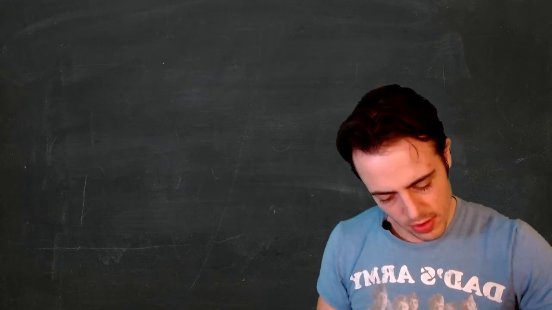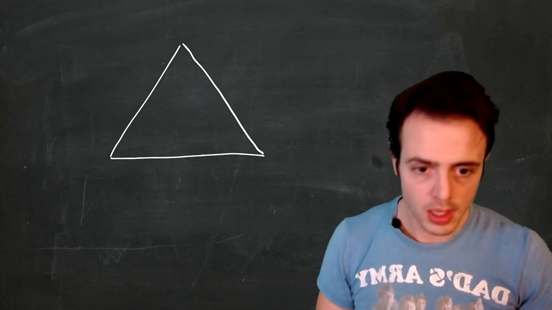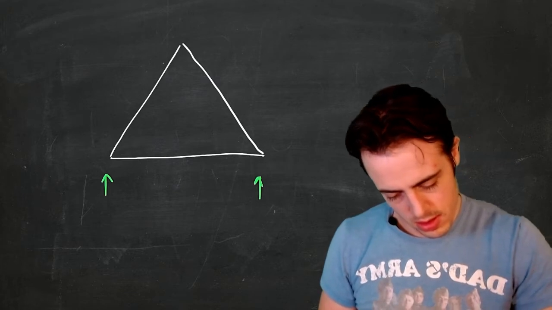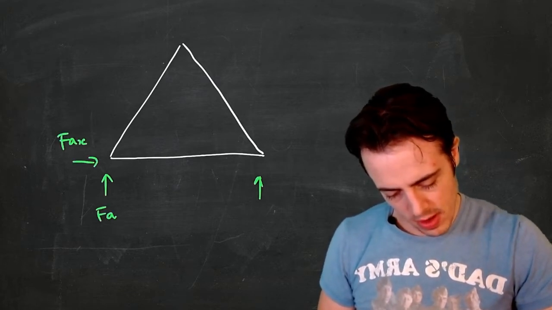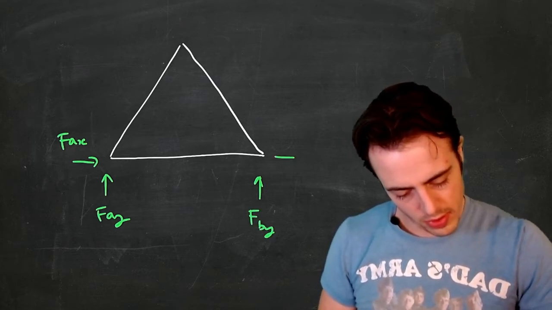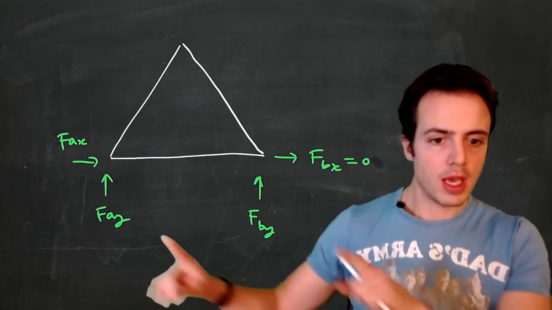Okay, and we can think about this now. So if this is my structure, and there are FAX, FAY, FBY, and I've got FBX, and I've set this equal to 0.